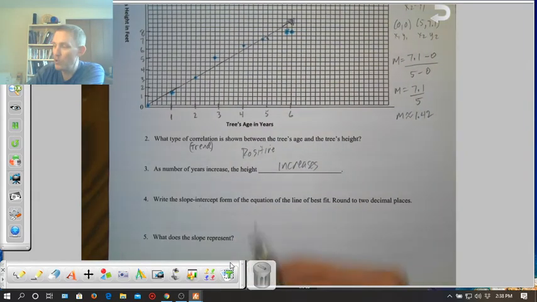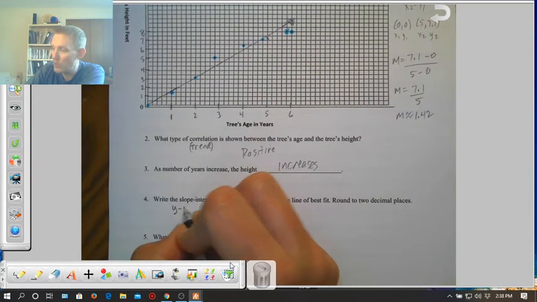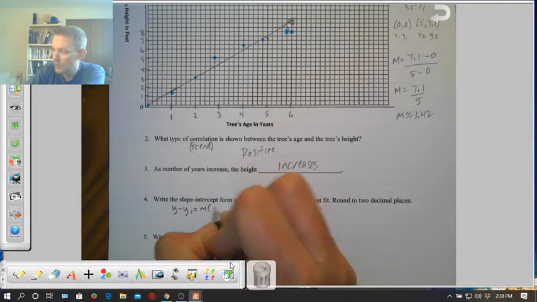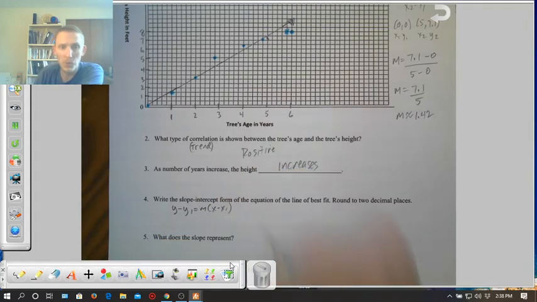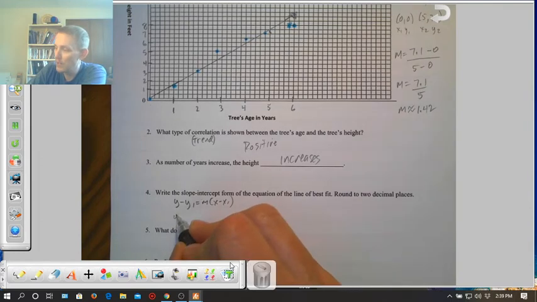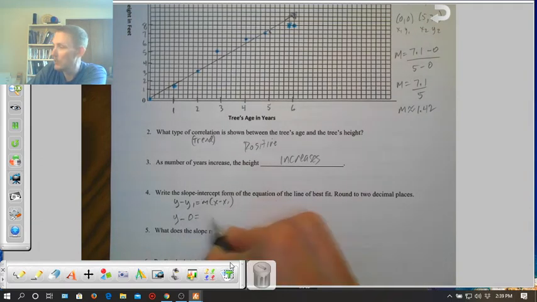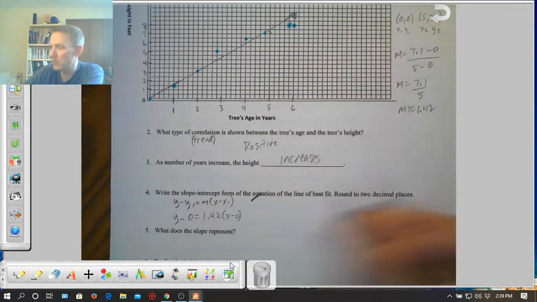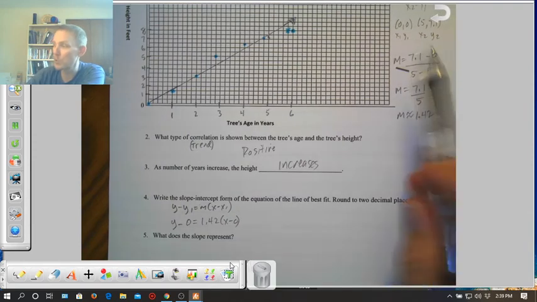Now remember, in order to get started writing an equation, I'm going to put it in point-slope form. So I'm going to go y minus 0 equals 1.42 times x minus 0. And when I picked a point to use, I used this one up here.